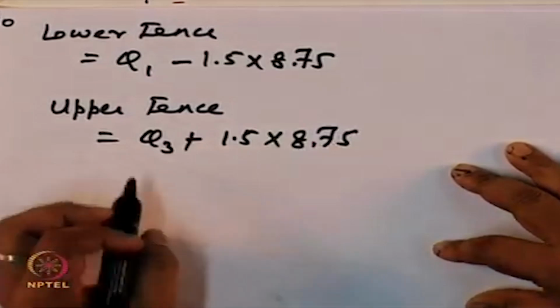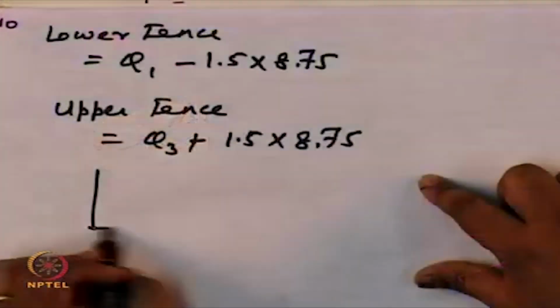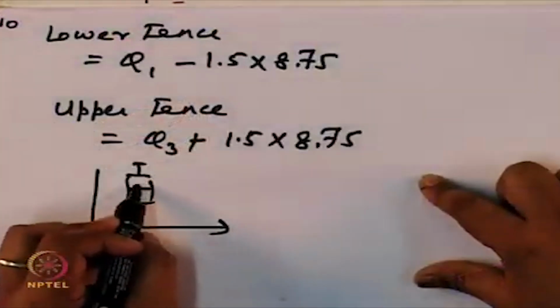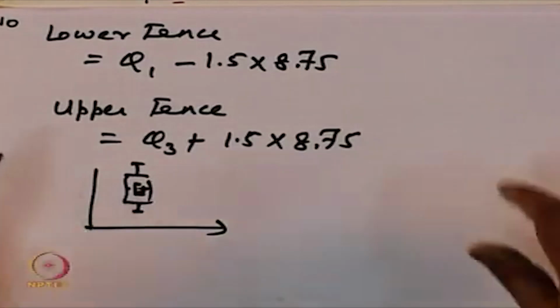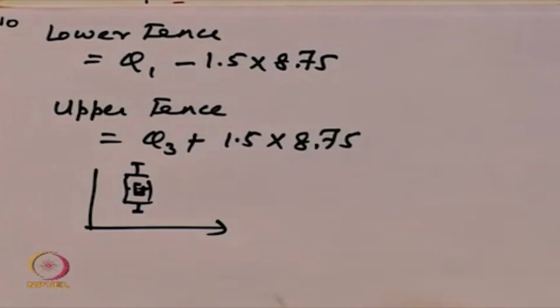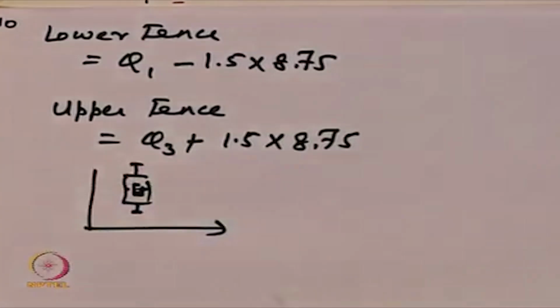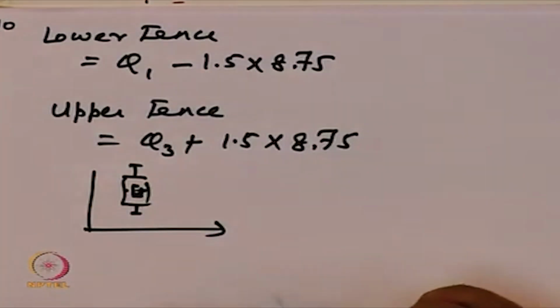I think none of these points will be outside the range. Most of these points will lie inside your plot, and your box plot will probably look something like this. Since each of these values is only repeated once, your mean and median will be very close to each other, and your error bar will encompass all the points, because none of the points lie outside.